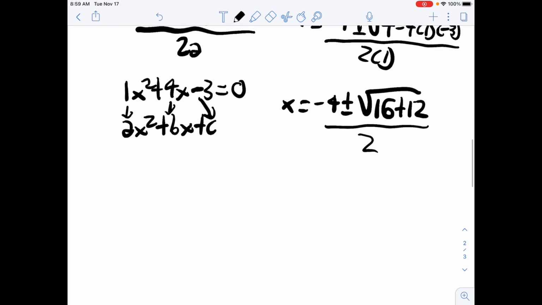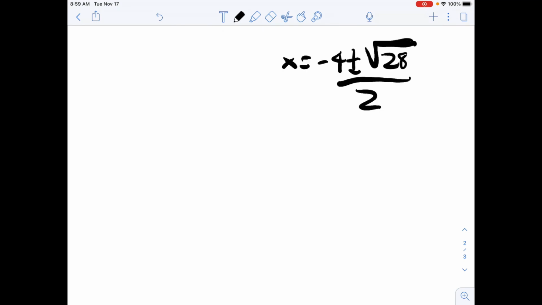Now to simplify it even further, x equals negative 4 plus or minus the square root of 28 over 2. And like I said before, if the radical can be written as a mixed radical, then we should do so. So 28 is really 4 times 7, and this is 2 times the square root of 7.